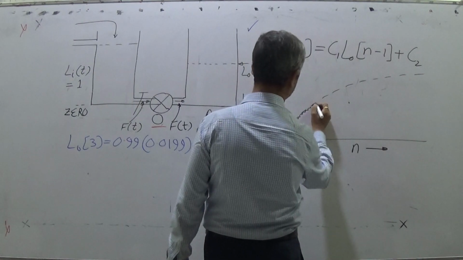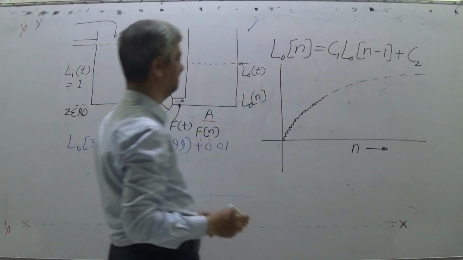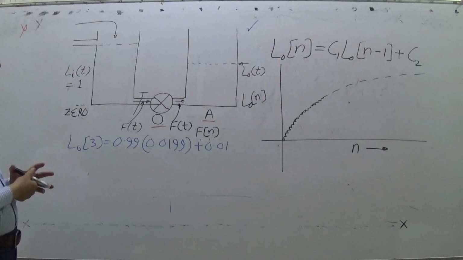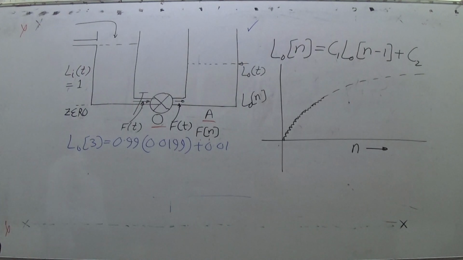Width of the staircase is same, height continuously decreases. So it is in this manner. Is it right? So L(n) is equal to C1 L(n minus 1) plus C2.